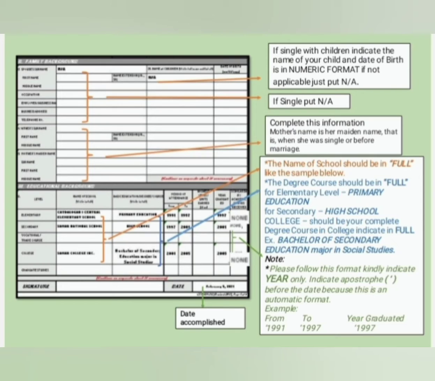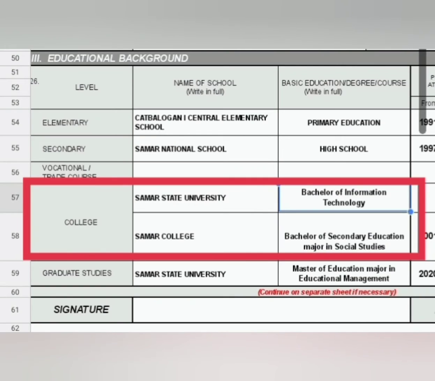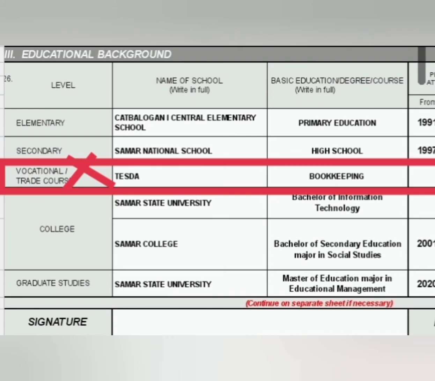Example, this one. Then sa vocational or trade course nga po pala, hindi po dapat nilalagay yung sa test the course nyo. Like for example, the bookkeeping kasi training po siya. So doon dapat siya sa next page nung sa training na portion.